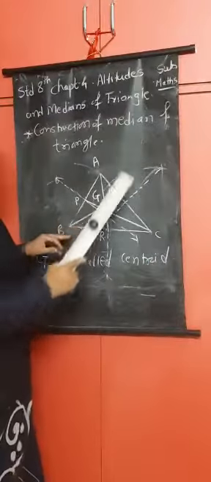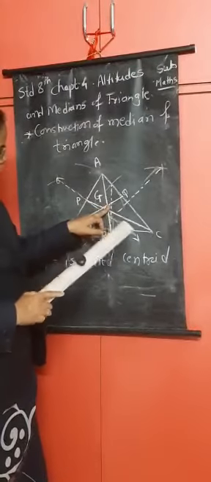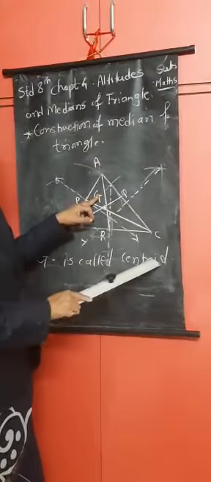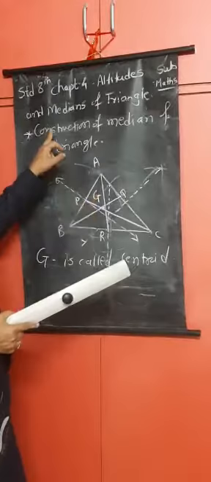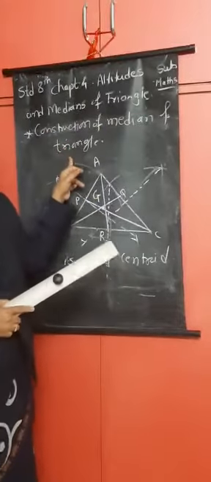When the three medians meet at the point G, this point is called the centroid. In this way, we construct the medians of the triangle.